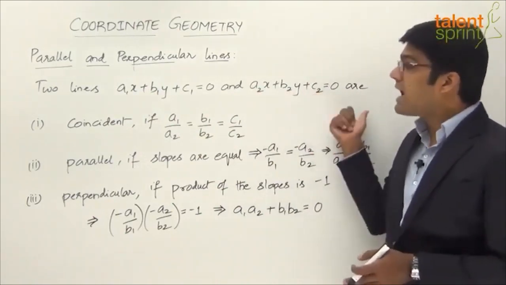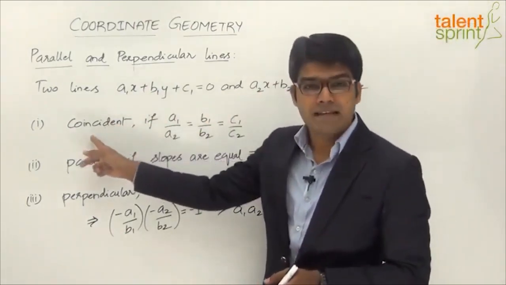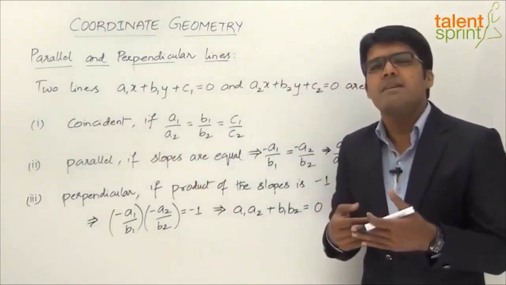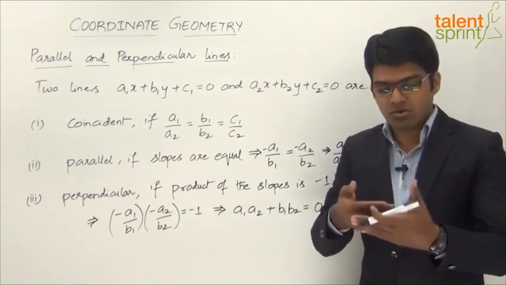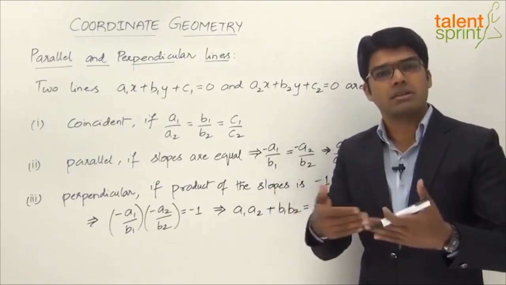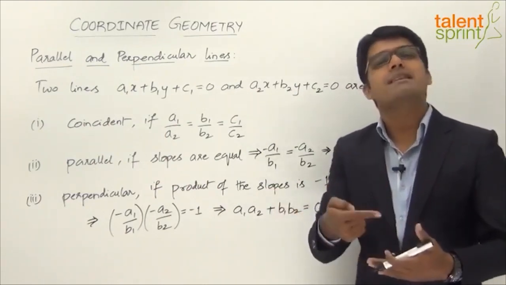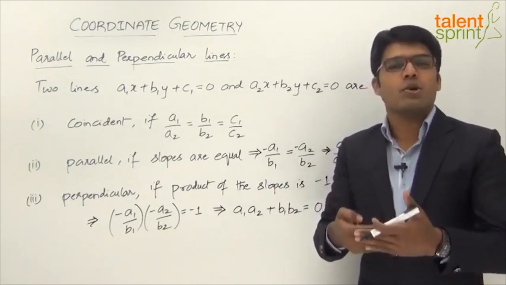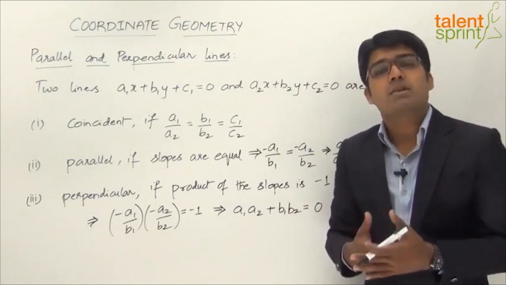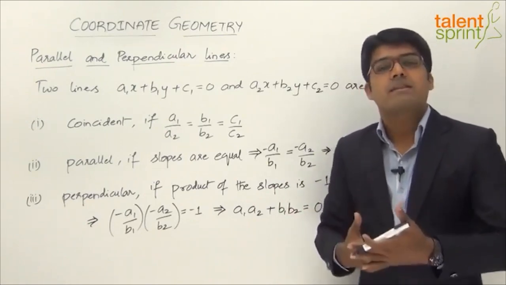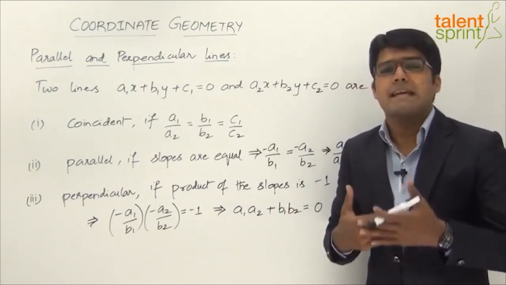So these two lines are, point number 1, coincident. Now what does it mean for two lines to be coincident? It means the lines lie on top of each other. So when you draw these two lines on paper or on a graph, we will be able to see only one single line because both lines are on top of each other. Not just lines, any geometrical shapes being coincident implies those two shapes lie on top of each other or are exactly the same.